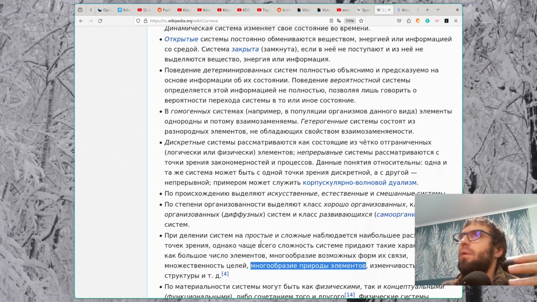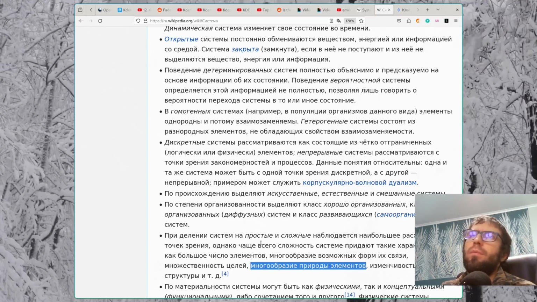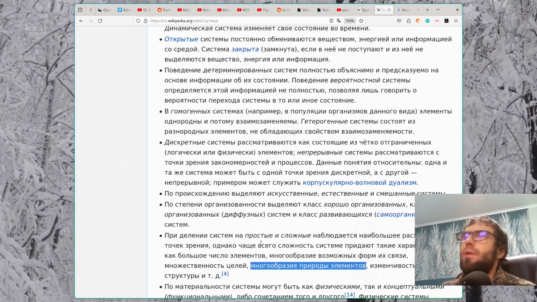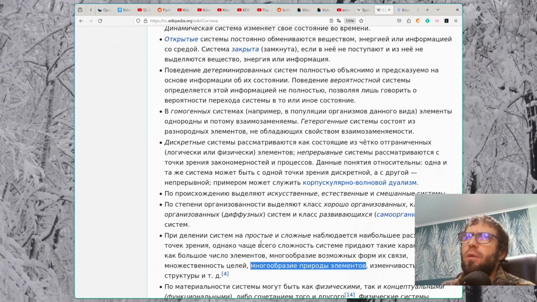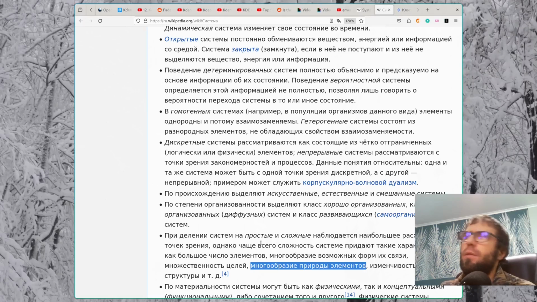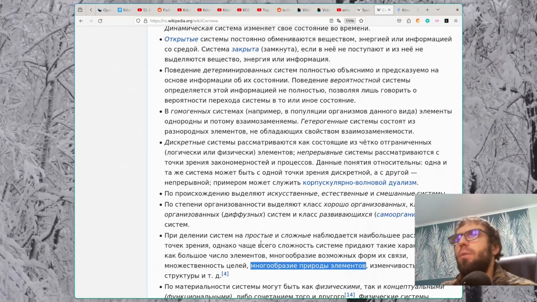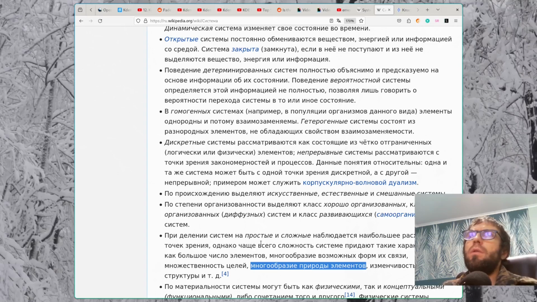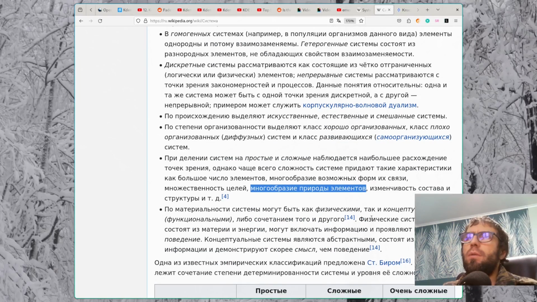They do not have a very large number of relations and so on. And complex systems contain more information about their structure: many different elements of different nature, many different relations, complex behavior, and they are not deterministic and so on.